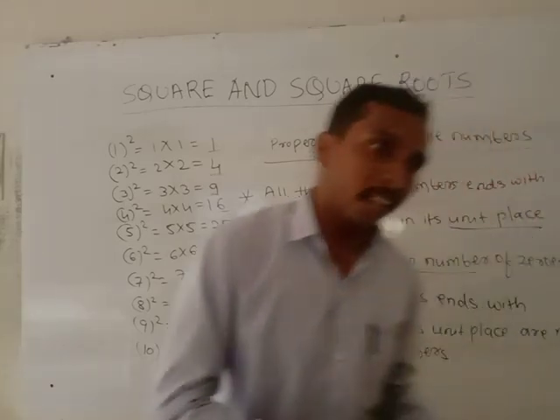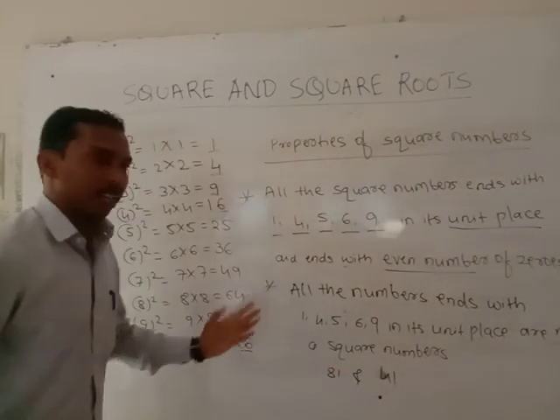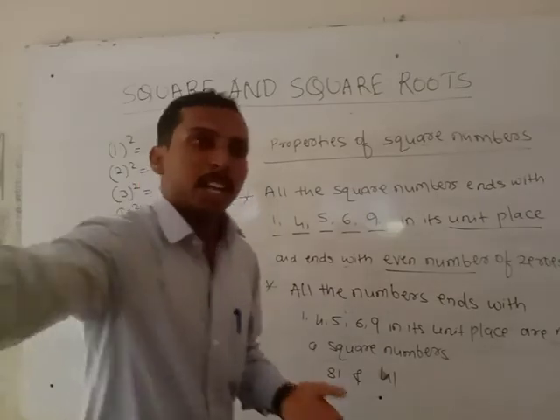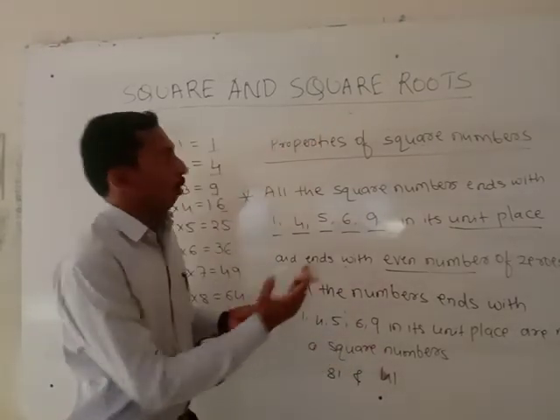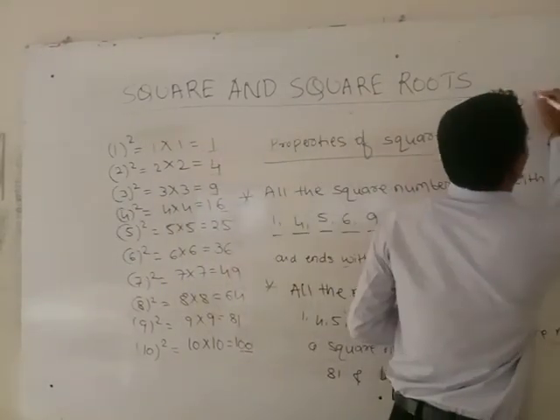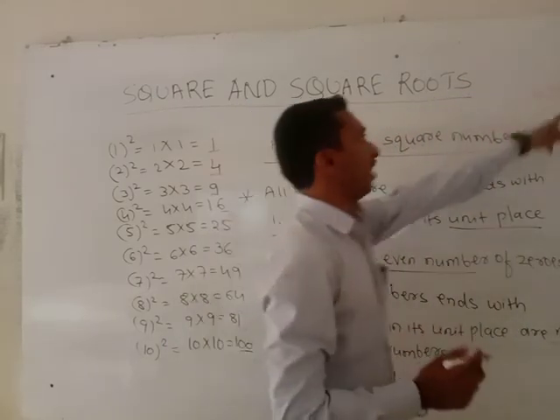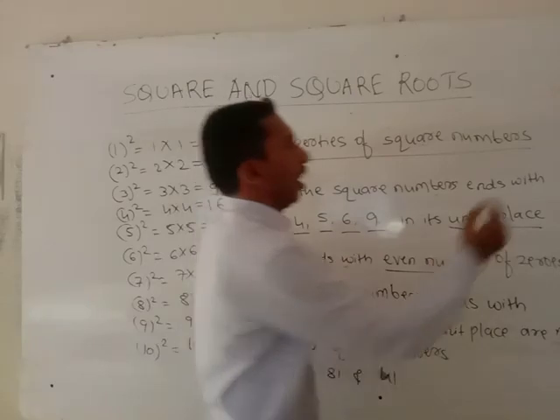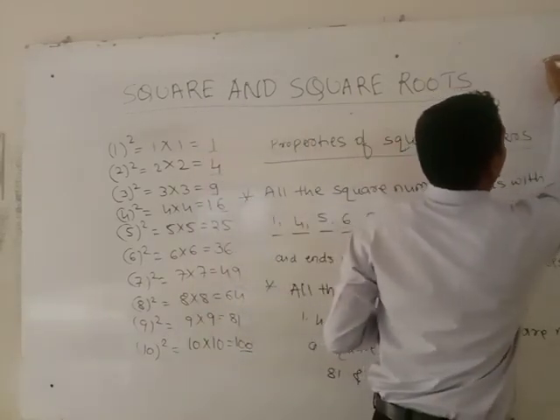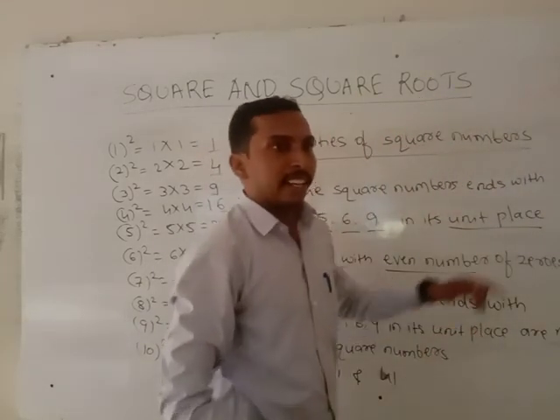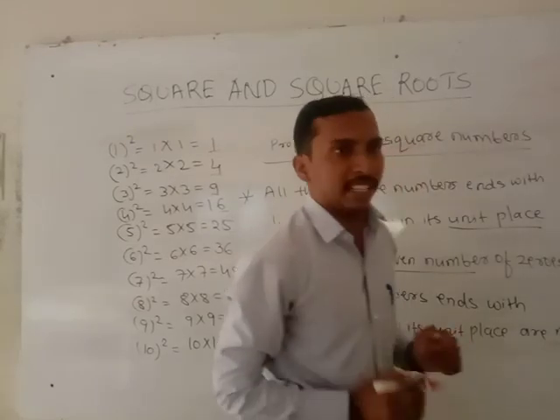In the remaining digits, for example, take 1436, which has a 6 in its unit place. If you take one more number, 1777, it has a 7 in its unit place.